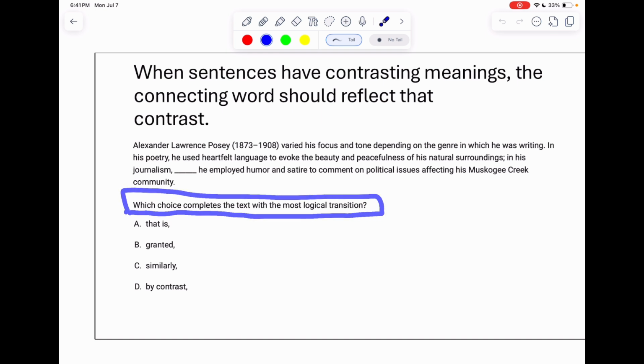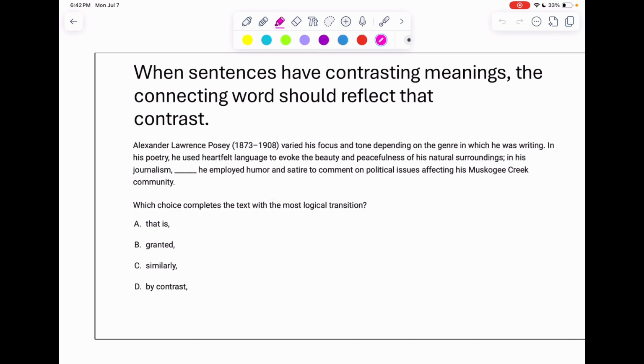So let's see what kind of clues we're getting. Just like with the words in context, we're looking for clues that'll tell us what the blank should be. So what do we know? He varied his focus and tone depending on the genre. So for this first genre, poetry, he used heartfelt language to evoke beauty and peacefulness of his natural surroundings.